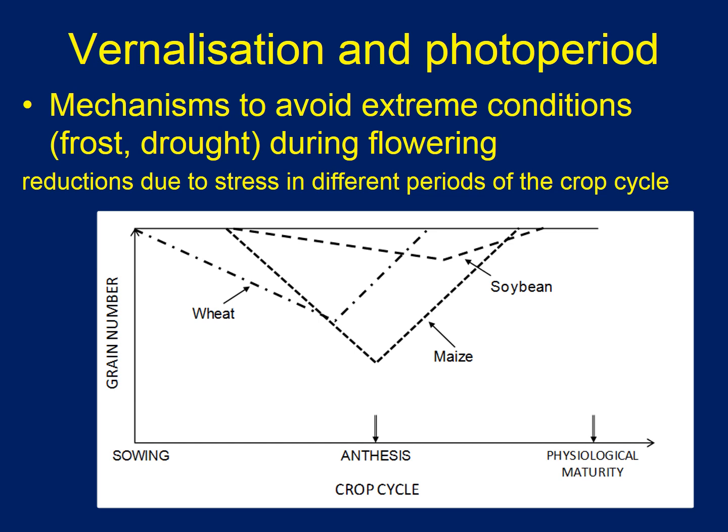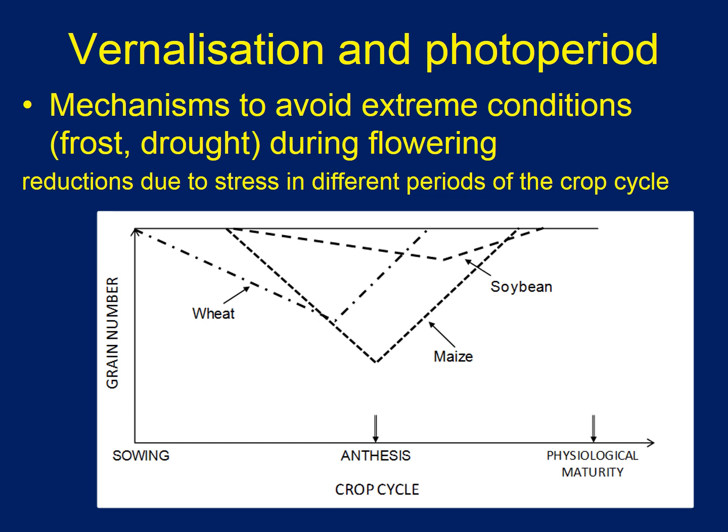We see that for wheat, the crop is more sensitive to stress before anthesis, while for soybean, the crop is most sensitive after anthesis, while in the case of maize, anthesis is the most sensitive period of growth.